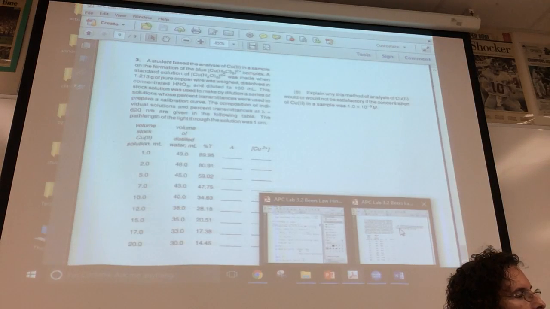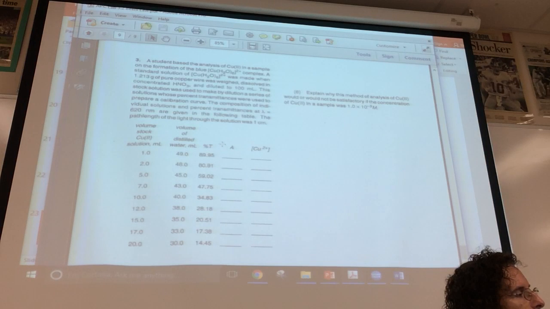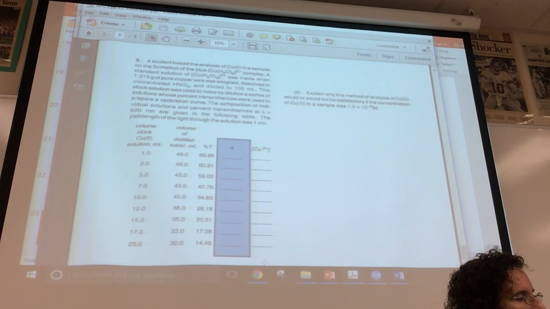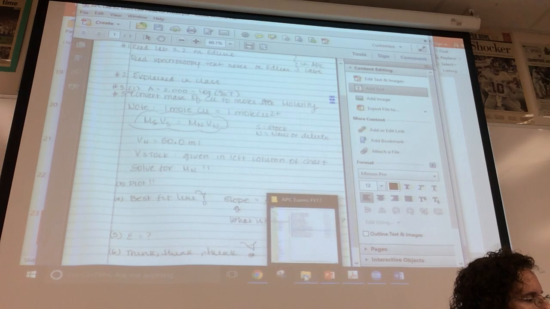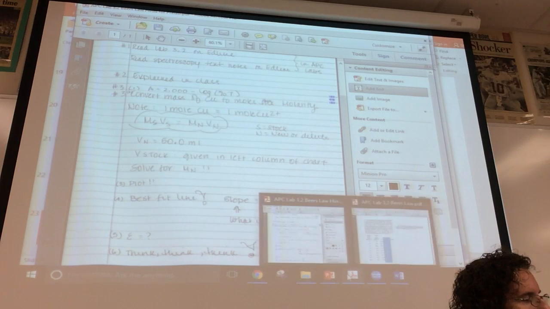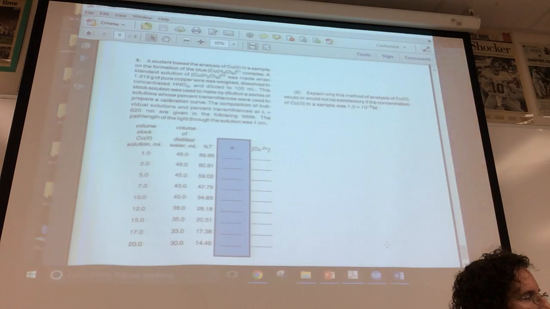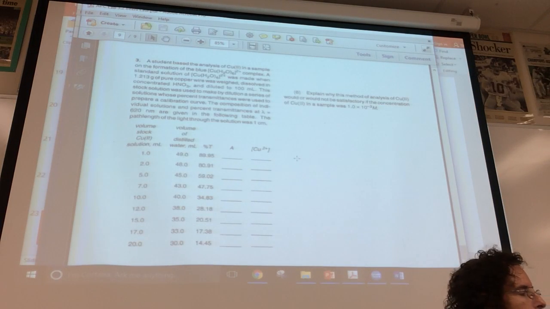So let's take a look here. One of the things we have to do is find the absorbance. So on the cheat sheet, it says 2 minus the log of the percent transmittance. Okay, let's do the first one. So we're going to have 2.000 minus log 89.95 equals.